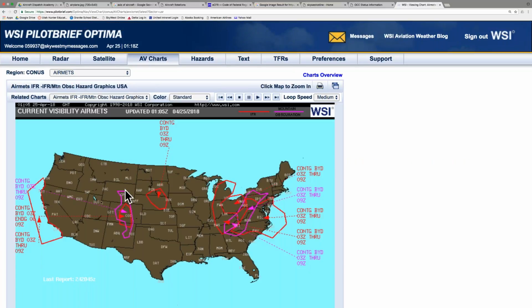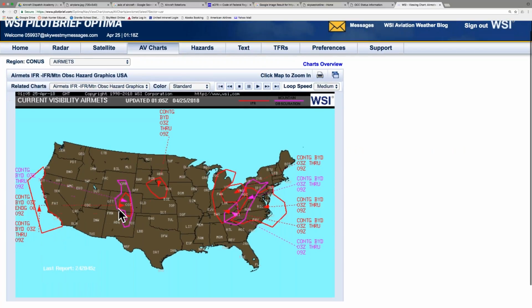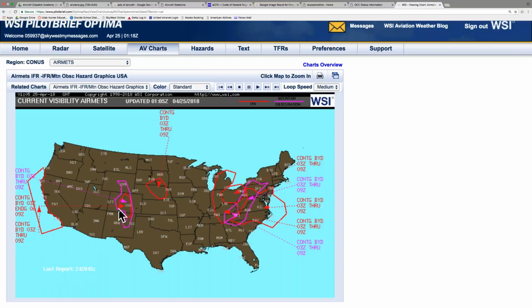And then these are the areas where they're expecting low visibility. As far as low visibility, we tend to call it marginal VFR or IFR. So IFR just means instrument flight rules. It means that the pilots typically aren't looking outside the airplane to see what's going on, to locate where they're at.